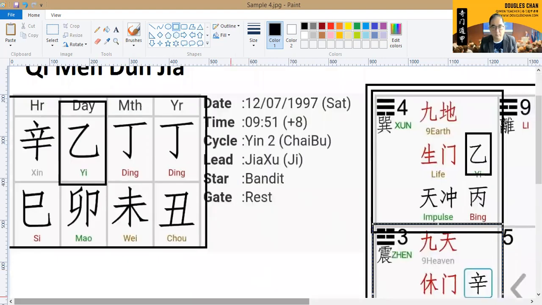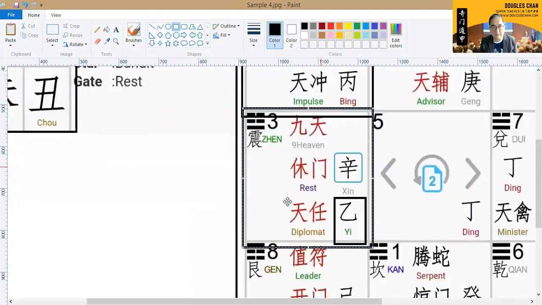Okay, let's zoom in where we look at 35 and below, that is all the way from baby until 35 plus minus. So he will have 3 different sets of character. We have this 9 heaven, we have this rest and diplomat. 9 heaven stands for somebody who is very high in terms of expectation of himself and other people.